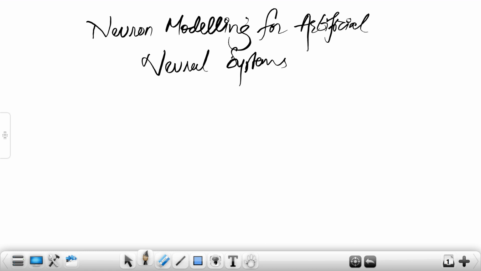Basically, we are going to convert what is studied in the previous video lectures into a neural structure, an artificial neural system. Based on our understanding of a biological neuron, we are going to convert this into a practical artificial neuron. For that I am going to draw a circuit.